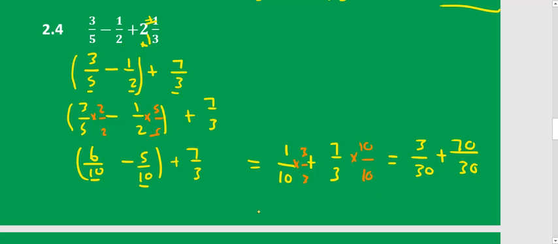And as you can see, now the denominators are the same. We've got a common denominator of 30. So that means we can add the numerators. 3 plus 70 is going to give you 73. Of course, this is improper because the bigger number is on top, so we can't leave our answer like that. So let's check how many times 30 could go into 73.